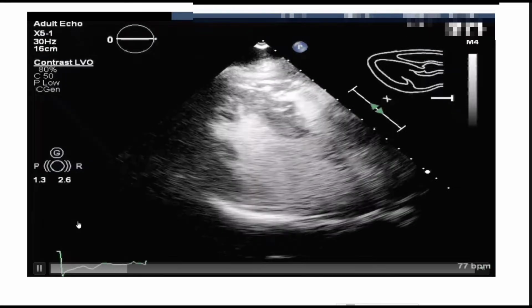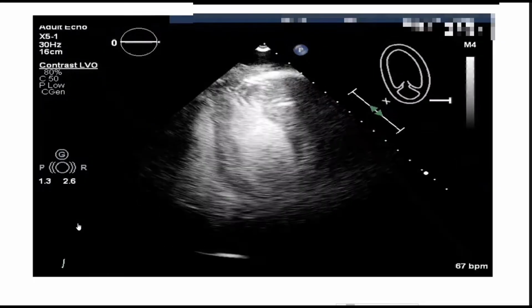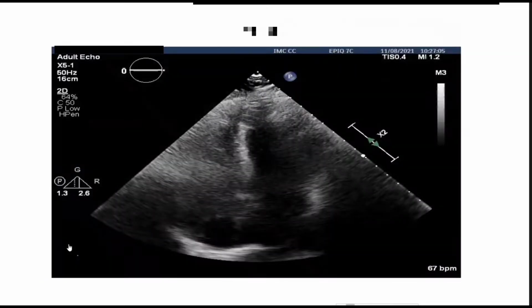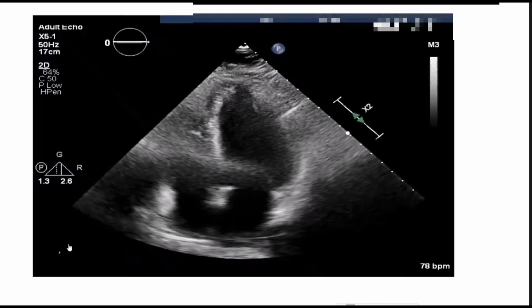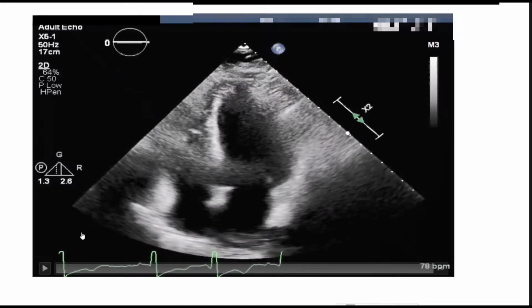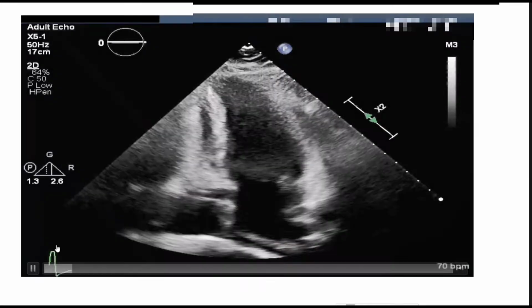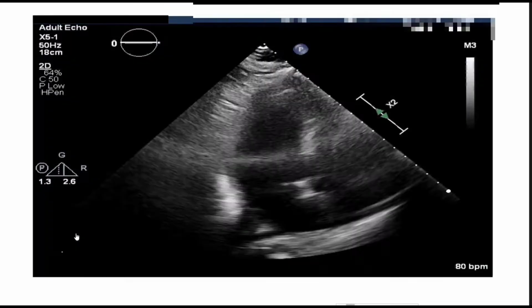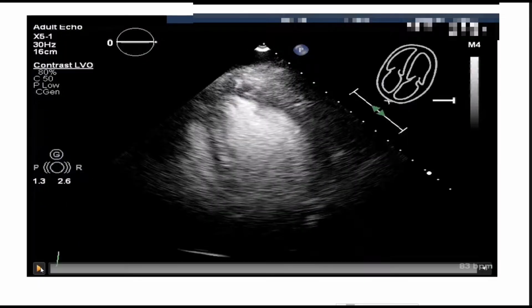Actually, going back to the non-contrast images first, we get bamboozled by this all the time. When you look at the four-chamber view, it actually looks like the apex is ballooned and it's kind of akinetic. But then when you use the contrast, you see the typical ace of spades type pattern that we talk about with contrast and apical hypertrophy.